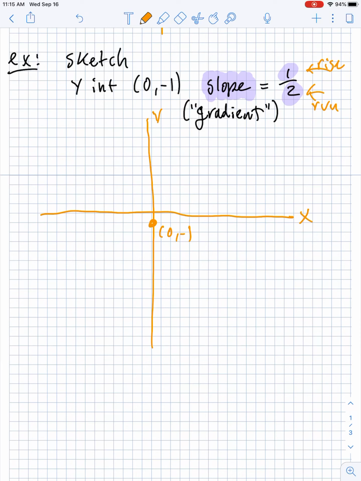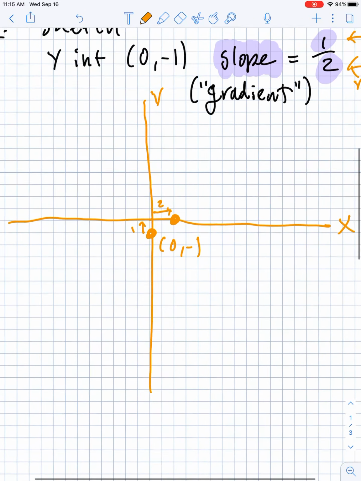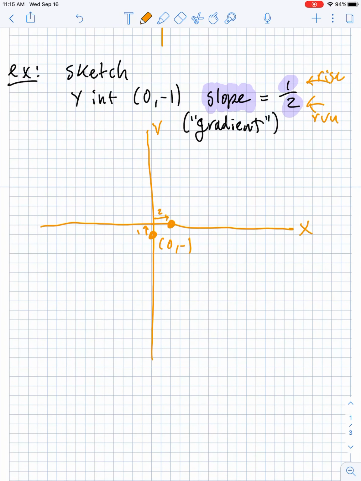So if I just count good old-fashioned blocks, if I go up 1 and then over 2, that would be this point right here. That means I went up 1 over 2. So it's 1 up, 2 over. And then I could do it again. You go up 1 over 2. And I don't know if you've had teachers in the past that are like, you have to do at least 3 points.